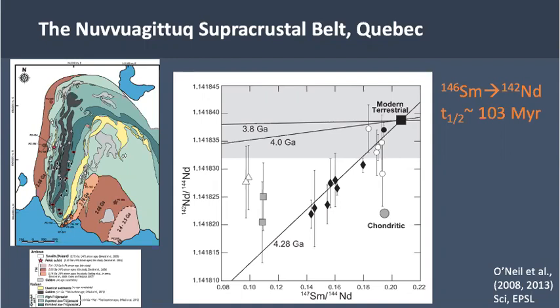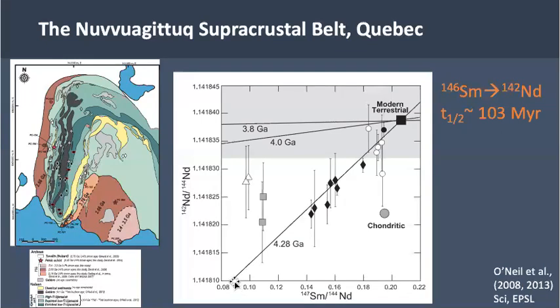In this diagram, I'm showing the 142 neodymium isotope composition on the y-axis against the 147 samarium isotope composition, which I'm using as a proxy for 146 samarium here, because 146 samarium has gone extinct.